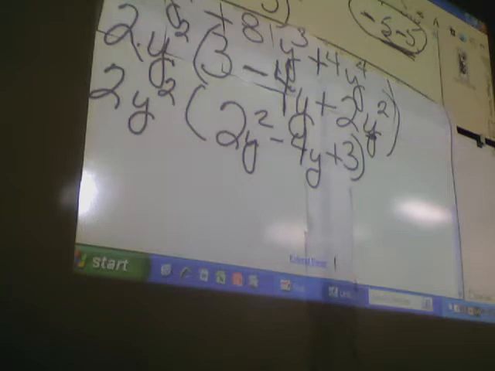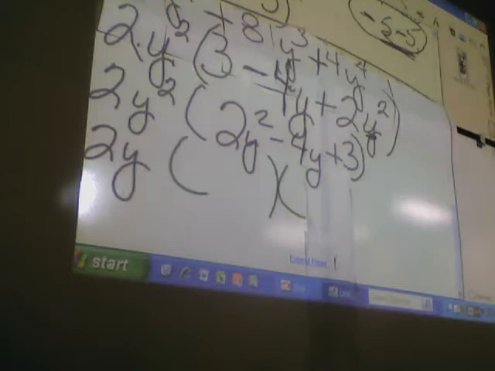We know the only way to get 3 is 3 times 1, so we already know that this will be a 1 and 3. And the only way to get 2y squared is 2 and 1. But we need to figure out how to get our 4 here.